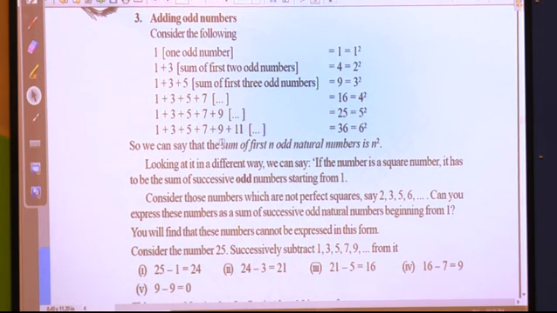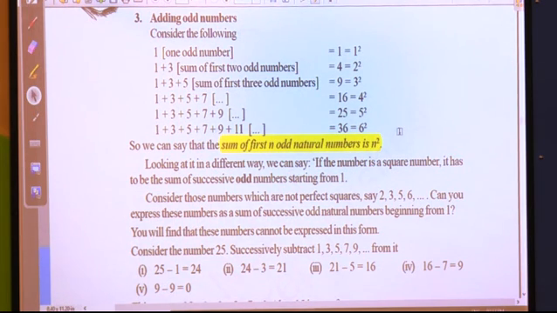So, we can say that the sum of first n odd natural numbers is n square. Sorry, I missed the word n in between.